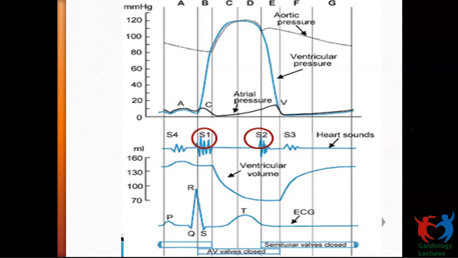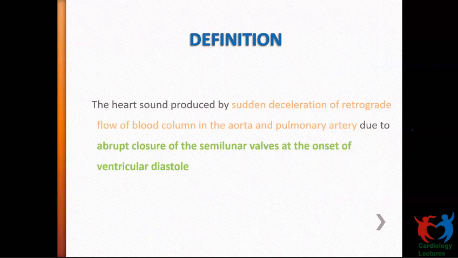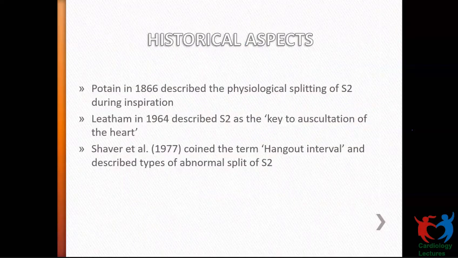Is the sound only by valve closure? May not be, because if you realize, S1 also has four components, not just two. So here also S2 does have more than one component. I'll just describe the mechanism in a short while.